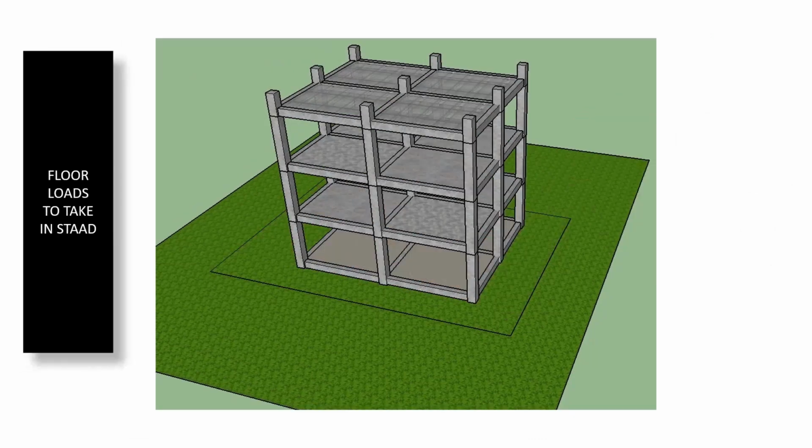Now if we look into the floor load to take in Staad, firstly the roof load. For the roof, there will be a timber structure instead of an RCC slab.